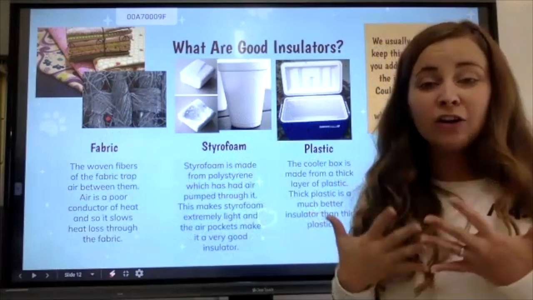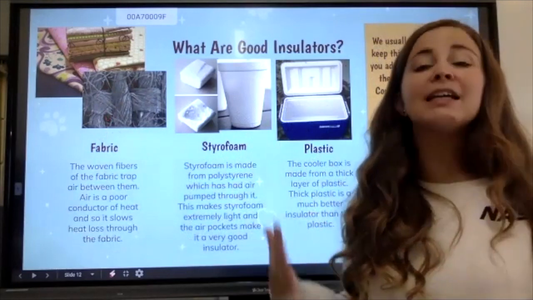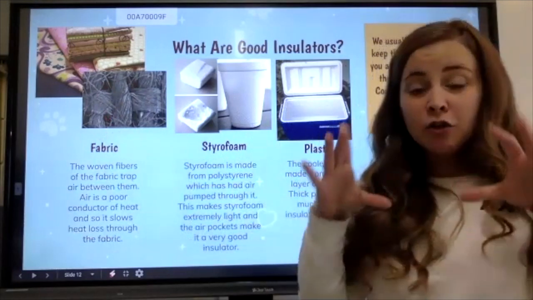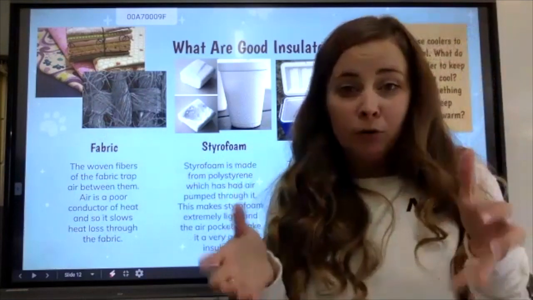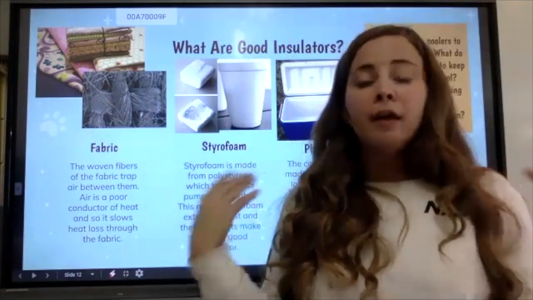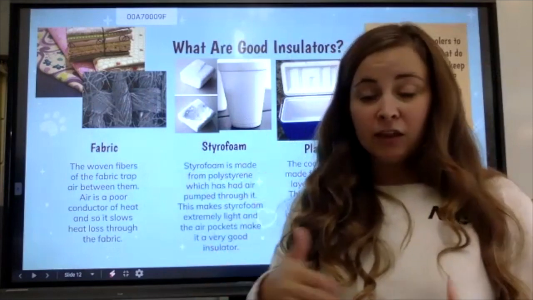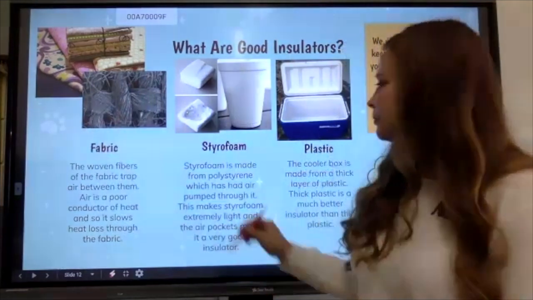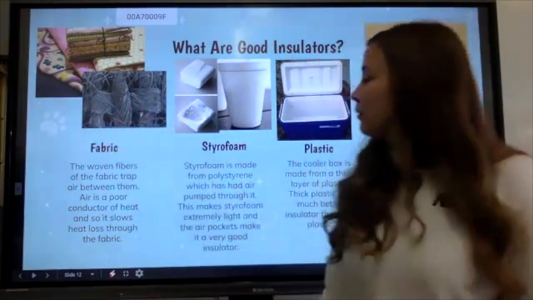And we know that air is a poor conductor of heat, so that means it is an insulator. So the more we can get air bubbles or air pockets around whatever it is we're trying to keep warm, the harder it's going to be for heat to transfer. So fabric is an example.